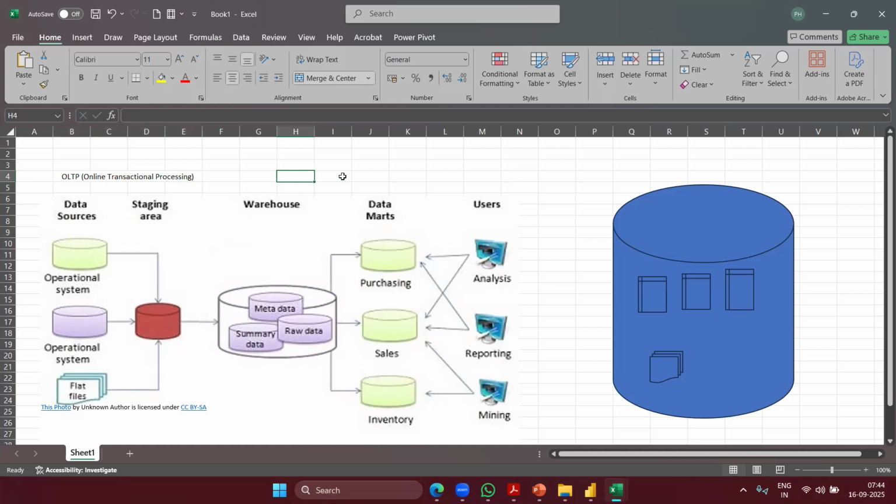Similarly, this warehousing part and everything is termed as OLAP, and sometimes they put these questions also. Online analytical processing. Okay, OLTP and OLAP. Any questions or queries till now with respect to the basics of data warehousing?